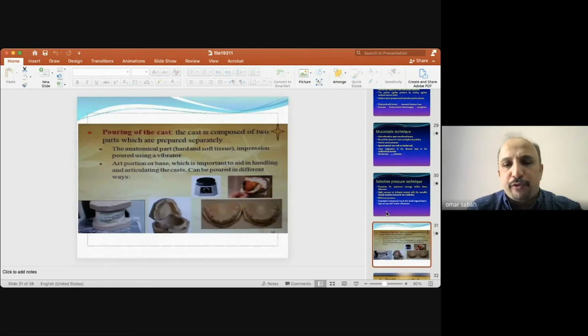I put this for you for pouring of the cast. These pictures are referring to you, giving you the information of how you can pour the impressions afterwards with stones or any material that you need.